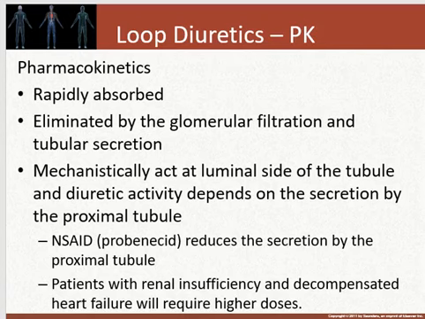Understand too that certain drugs, like the NSAIDs, and probenecid, remember NSAIDs are COX inhibitors, are going to reduce the secretion by the proximal tubule. So patients that are taking high amounts of COX inhibitors likely will not benefit from loop diuretics such as furosemide. It'll be a reduced efficacy for them.